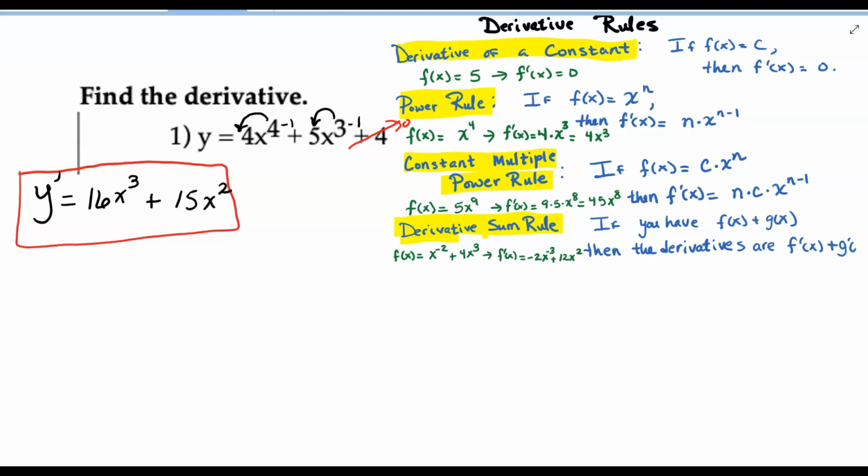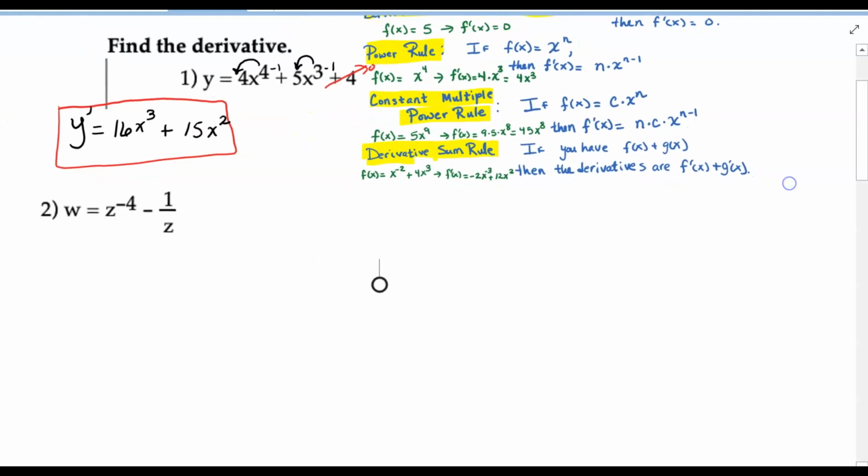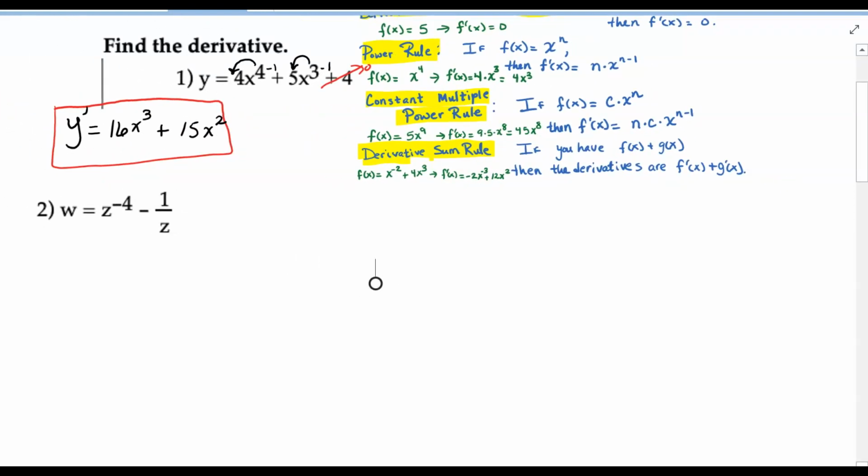So let's go ahead and take a look at another example. Here on this second problem, we have some stuff that looks a little bit interesting. The first thing we need to do is rewrite this function w so that it only has exponents. So z to the minus 4 is okay, but 1 over z is z to the negative 1.